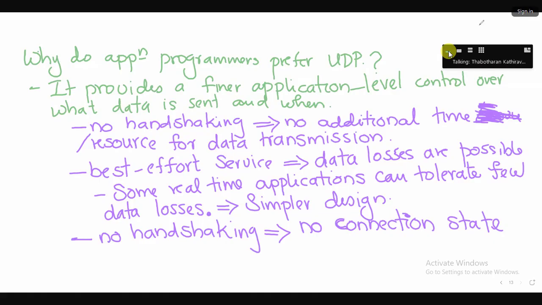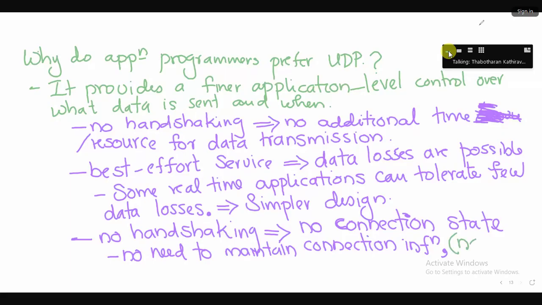So no connection state, and that implies no need to maintain connection information. Connection information we normally keep in variables. So no additional variables to maintain connection information.